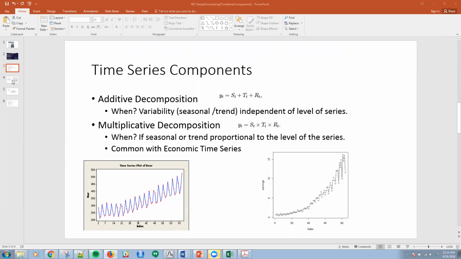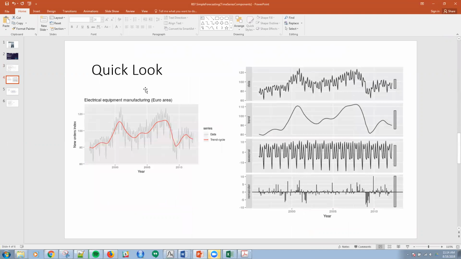A couple more comments. If we look at breaking down, and we'll actually do this hands-on in R, the capability of decomposing these series, looking at an additive example here, where I have a new orders index, and the raw time series is in gray, and the trend cycle is in red. I can look at it across time. And then in R, I can break down the actual data.